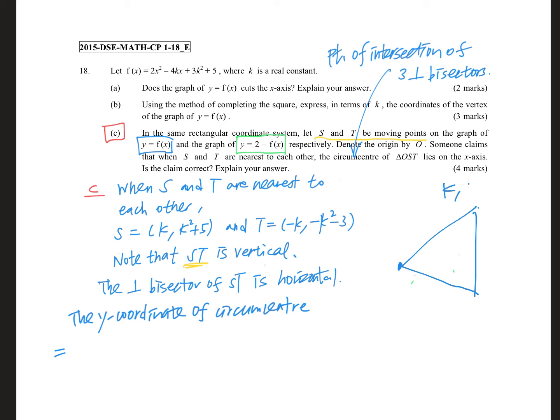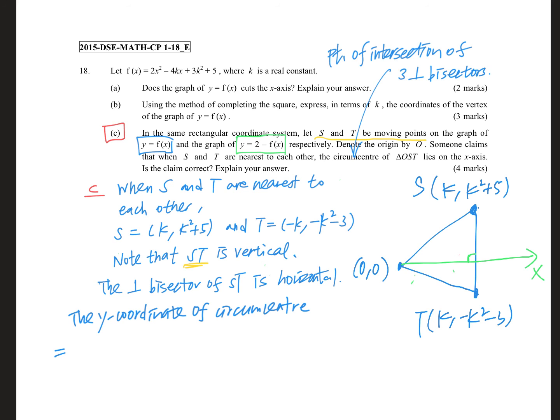So this is (k, k squared plus 5), and this will be (k, negative k squared minus 3), and then this is (0, 0). Don't forget, this one is the x-axis, and then this is ST, which will be vertical.